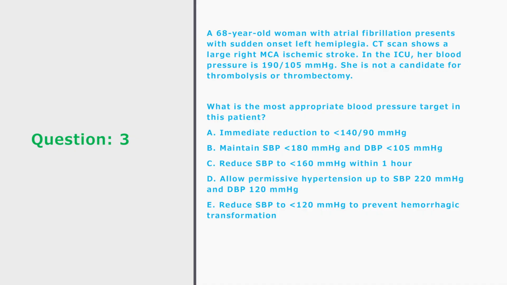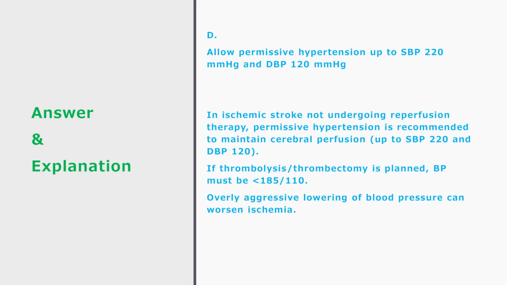D. Allow permissive hypertension up to systolic BP 220 millimeters of mercury and diastolic BP 120 millimeters of mercury. E. Reduce systolic BP to less than 120 millimeters of mercury to prevent hemorrhagic transformation. Correct answer is D.